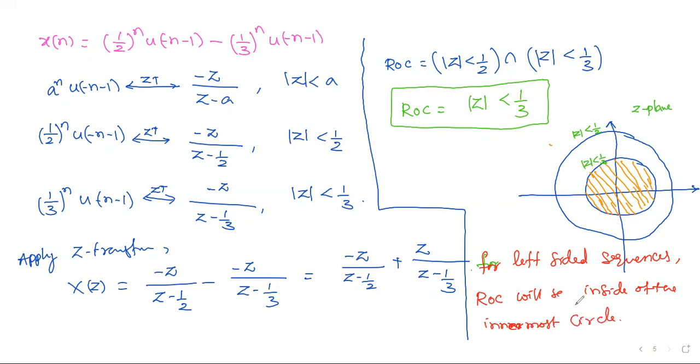Now let me take one more example based on this one only. Directly you need to write x[n] equals (1/2)^n u[-n-1] plus (1/3)^n u[-n-1] plus (1/5)^n u[-n-1].